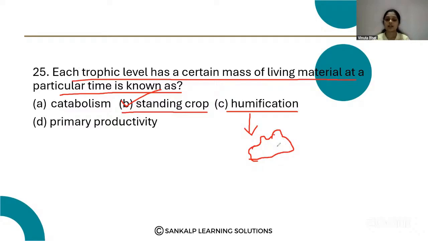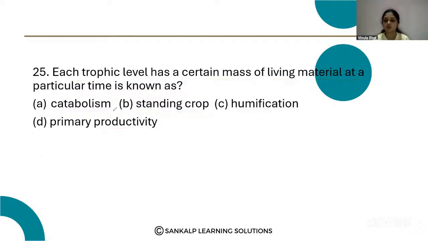That is a black colored amorphous solid structure. The process of its formation is called humification, humus formation. And primary productivity, you know already, I explained what primary productivity is. So for this question, option B is the correct answer.